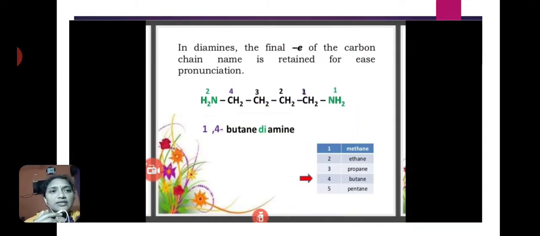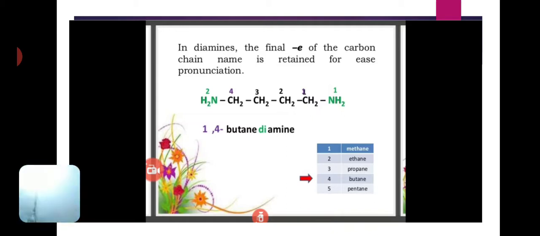Next, in diamines, the final e of the carbon chain name is retained for ease of pronunciation. For example, the alkyl chain is having diamino functional groups, meaning two amino functional groups are present.